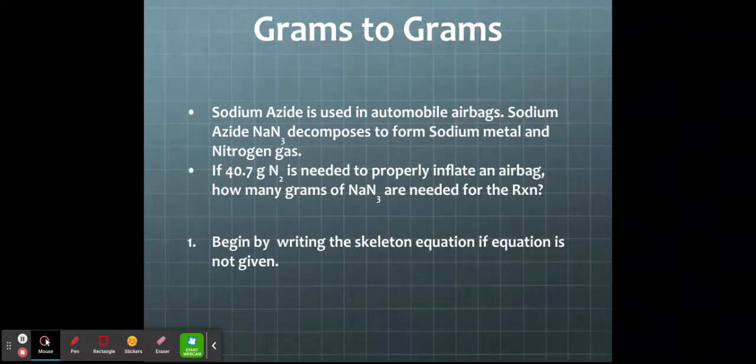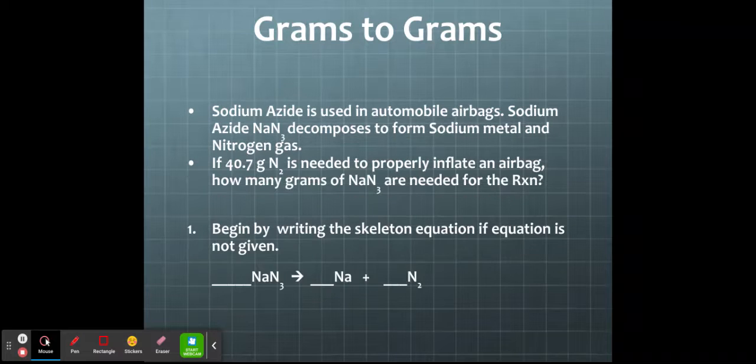The first step to obtain the information for canceling out the units to get the number of grams of wanted is getting the information from the problem. We're going to go through a few ways to extract this information to come up with the correct conversion factors. If there is no equation furnished, then you have to begin by writing the skeleton equation.